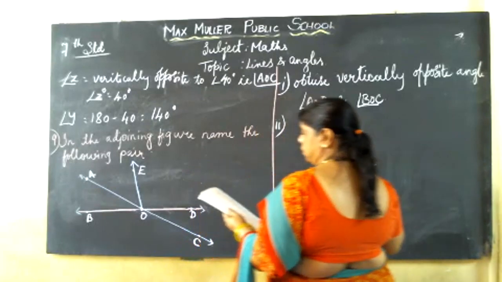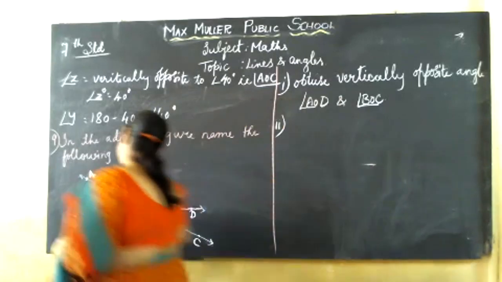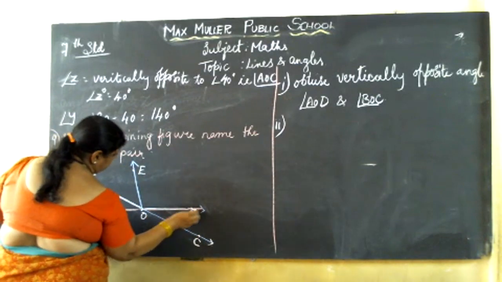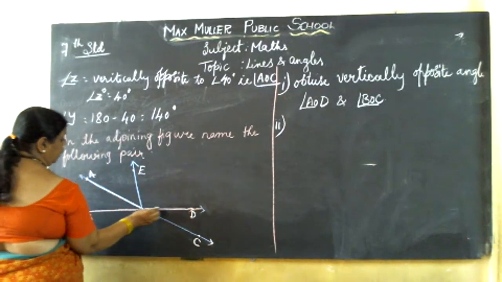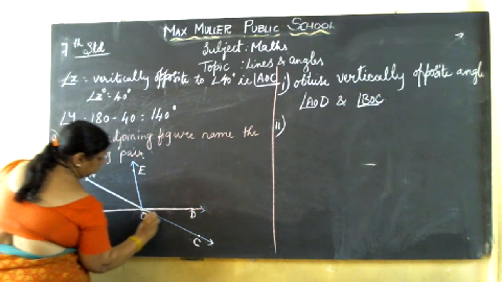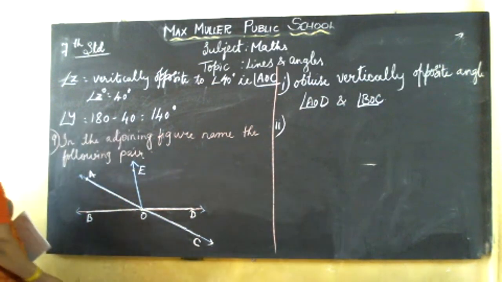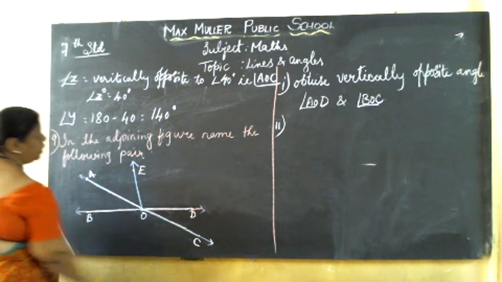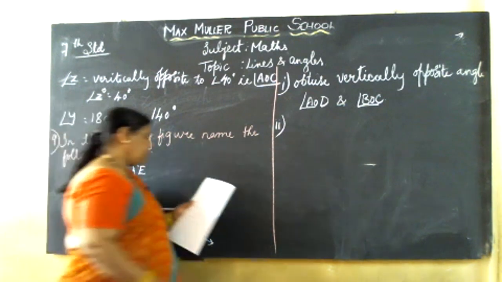Second, this one, vertically opposite. Obtuse angle more than 90 degree. Okay, I am shading again. These both angles are vertically opposite.